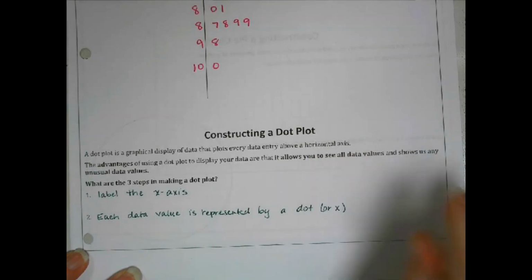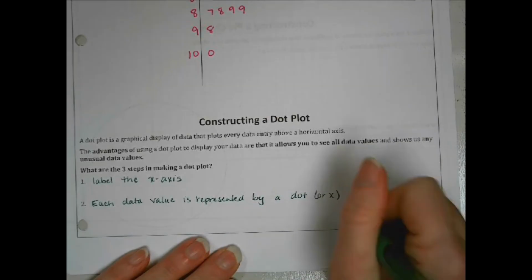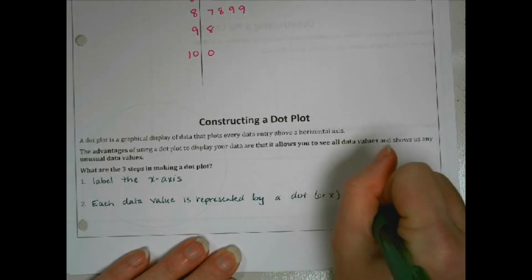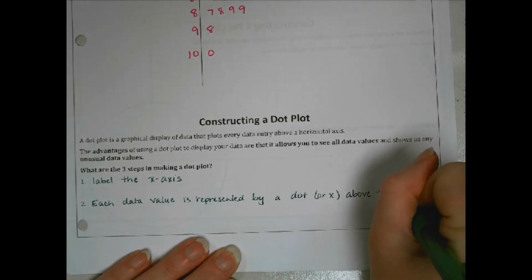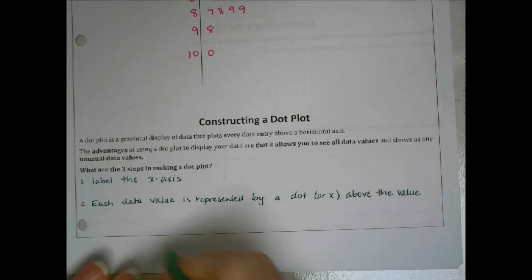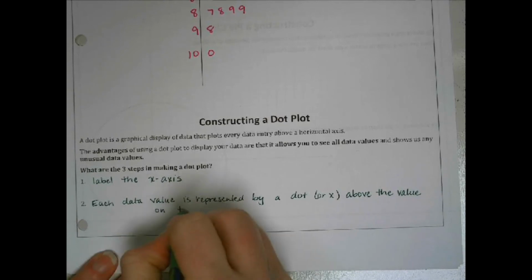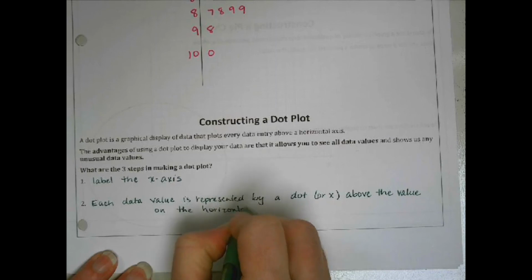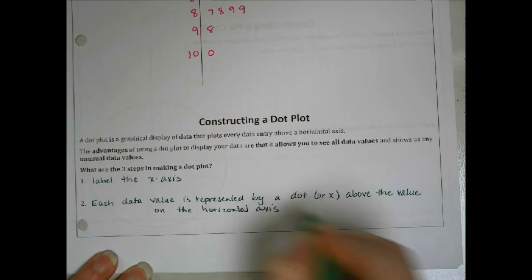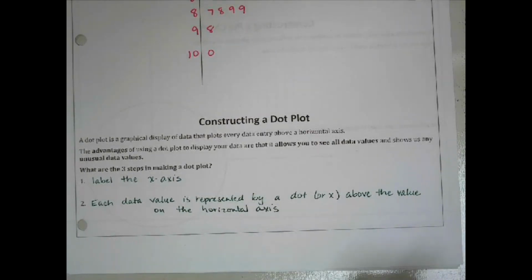Each data value can be represented by a dot or an X, and it's always above the value on the horizontal axis.